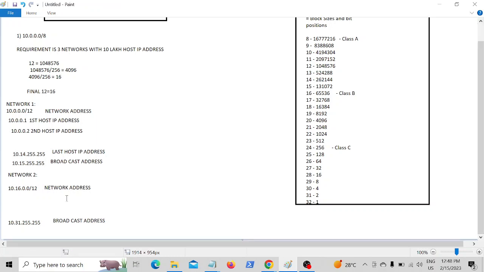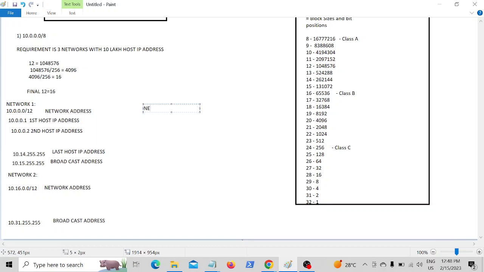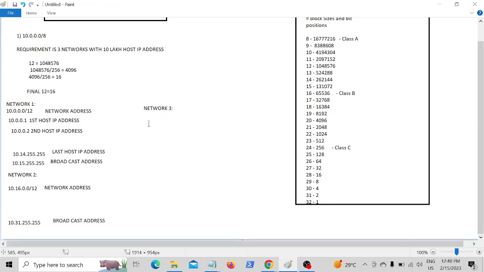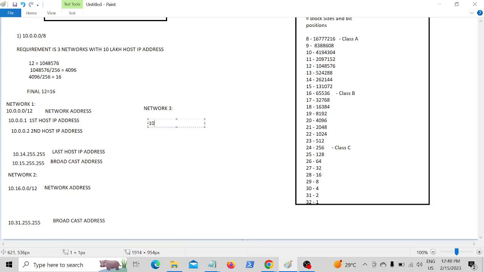Okay, so now you guys are familiar with the first host IP address and last host IP address. I'm not going to write it for everything; I have shown the first example. Next, coming to network 3. What is the network address? 10.32.0.0 slash 12.